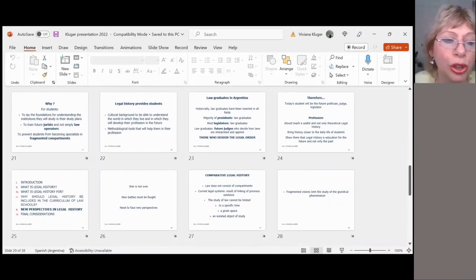To prevent students from becoming specialists in fragmented compartments. Legal history provides students with a cultural background to be able to understand the world in which they live and in which they will develop their profession in the future. And it provides the methodological tools that will help them in their profession.